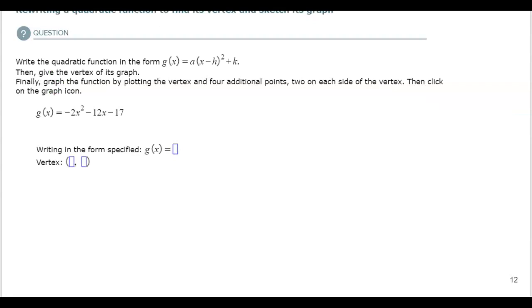So it wants us to write this in vertex form and find the vertex. So remember, h equals negative b over 2a. So here's my a, b, c.